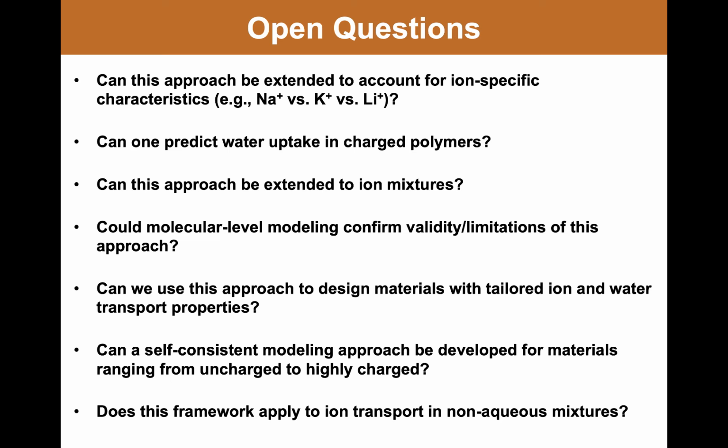There's no chemical information whatsoever, so it cannot distinguish between, for example, sodium and potassium and lithium. It can distinguish between ions of different valence like sodium and calcium, but there's no further chemical information in there. And so being able to extend this to describe ion-specific characteristics would be of great help.